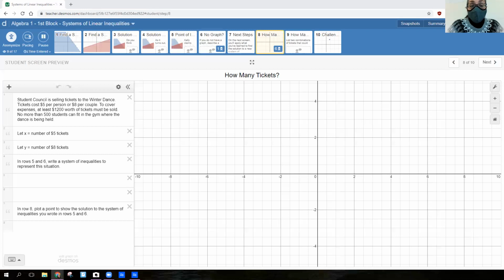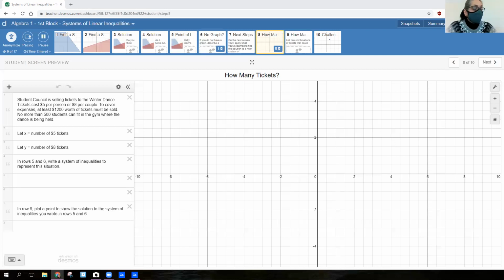So we need to create a system of equations, okay? One of them is going to be about money, the $1,200, that's going to be the money inequality. The other inequality is going to be about how many students can go to the dance. You can't have more than 500 people in the gym. So we're going to use that for our second inequality.